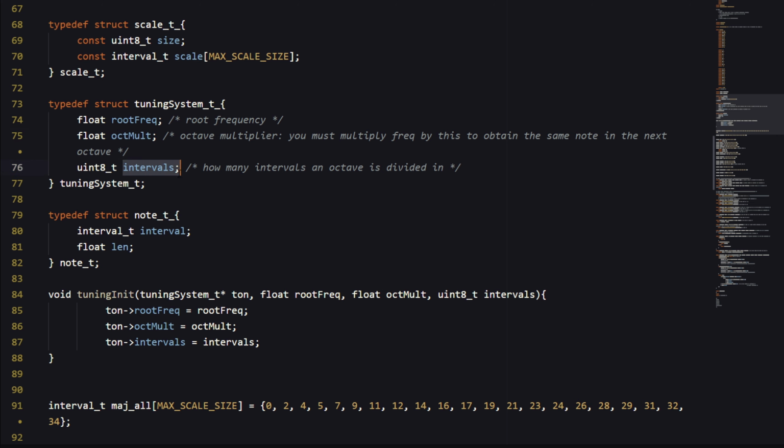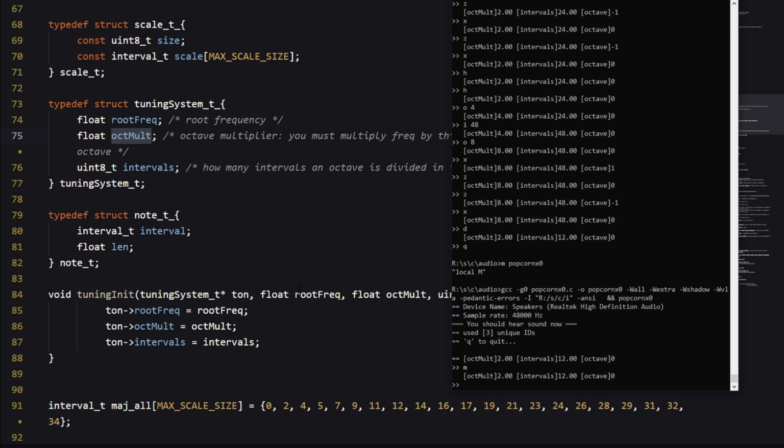And how many intervals the scale is made of, and the octave is divided into. And as you can see, the intervals number is an integer, because it doesn't really make sense to divide into a non-integer number of intervals, of course. But I can multiply by any number to obtain the octave, and we will see.